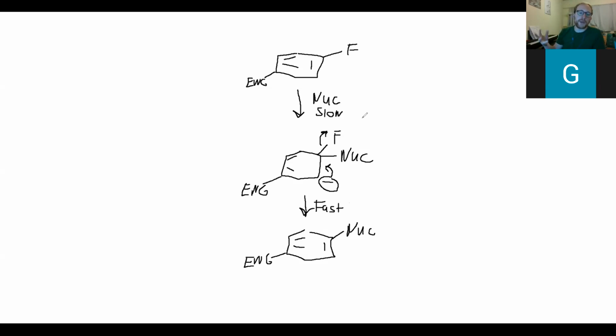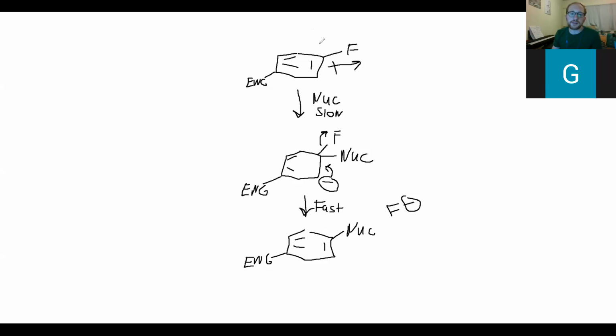And so what matters here is not the ability of F- to leave, it's the ability for the nucleophile to attack carbon, right? What's going to accelerate our slow step? F- being a good leaving group doesn't accelerate the slow step at all. But what does accelerate the slow step is the fluorine atom being very electronegative, more electronegative than chlorine, bromine, or iodine.